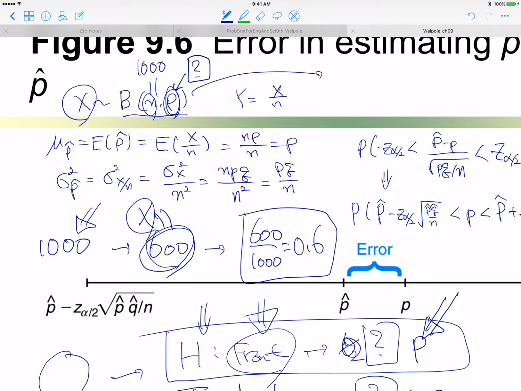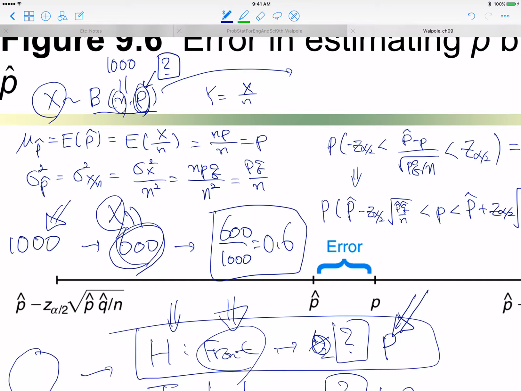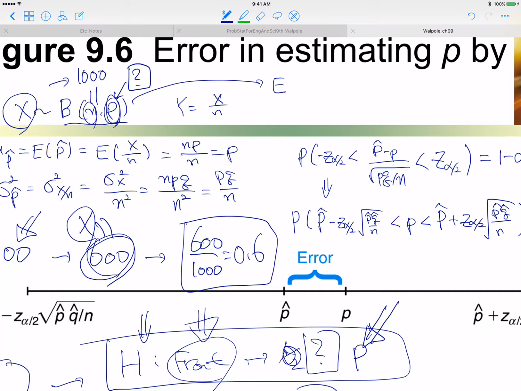So in this case, we consider the mean and the variance of this binomial random variable. The situation is we fix the total number of trials, suppose that value was 1000.